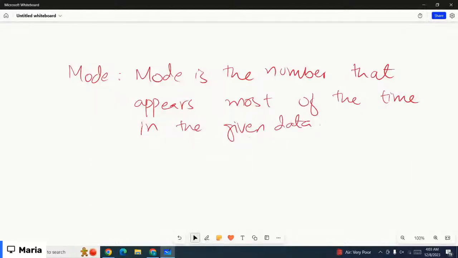You can note down the definition, then we'll do the example. Then that will be very easy for you to understand. That is, the number often used or that appears the most of the time in the data. Just look at this example.